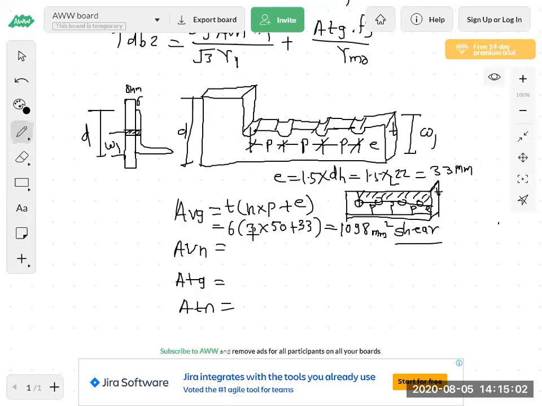Okay, so this is the gross area in shear. So please draw these sketches. These are very important sketches. When you study at the time of the examination, these sketches are very important, to see how this comes in shear.